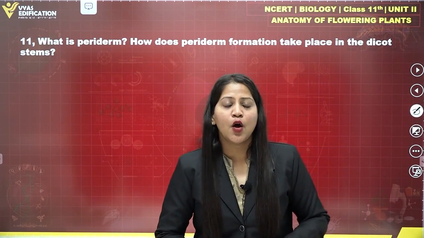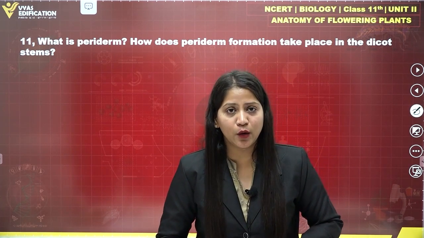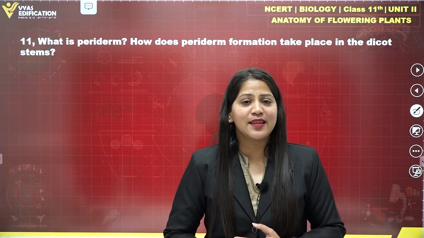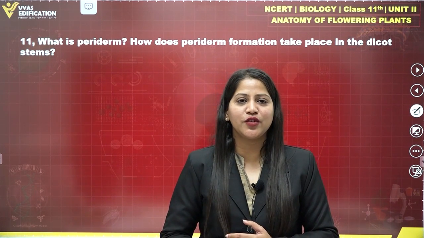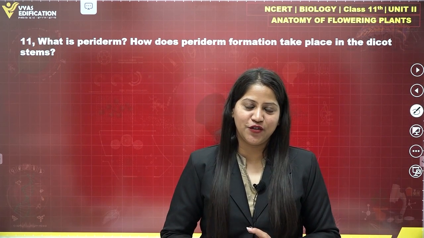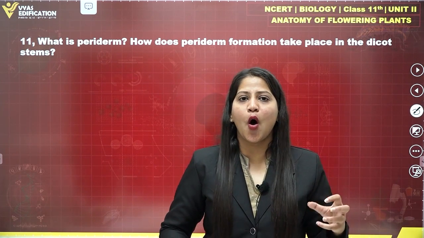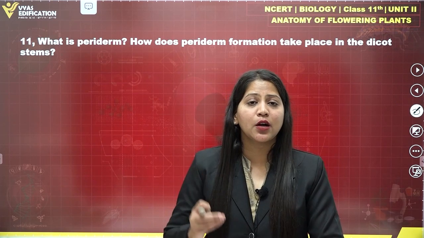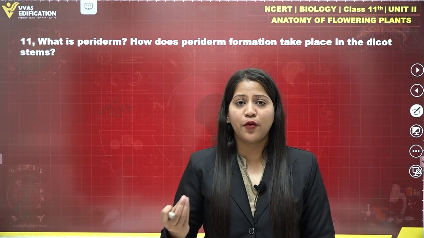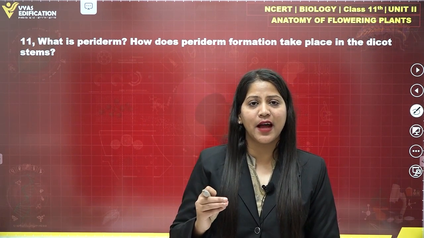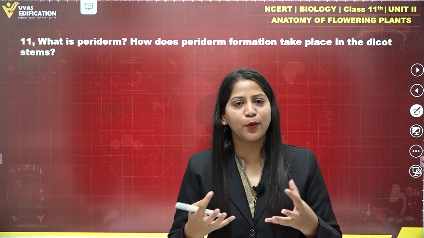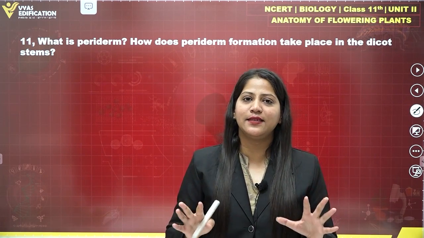Let's discuss this. Phellogen is also known as cork cambium. The cells of cork cambium or phellogen show bipolar division. That means it cuts off cells on either side, on the outer side and on the inner side. The cells formed on the outer side are known as phellem, which are suberized, have depositions of tannins and are dead cells.